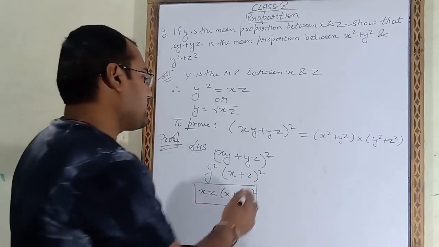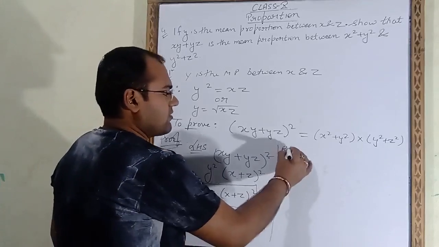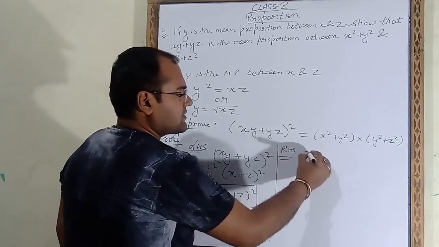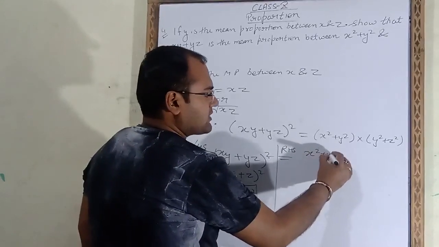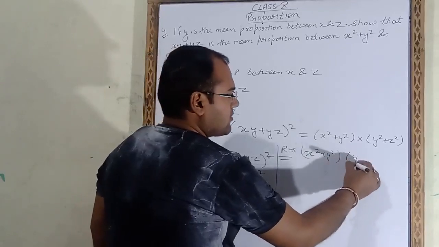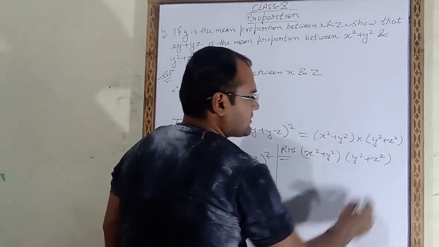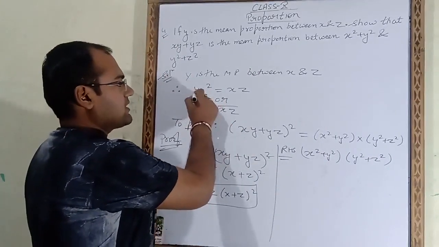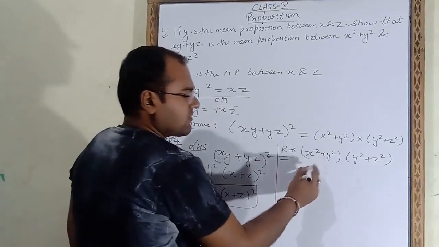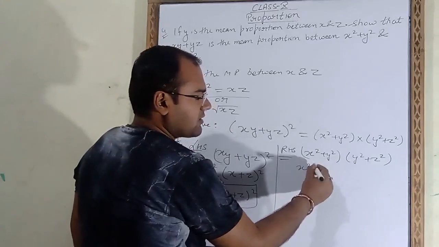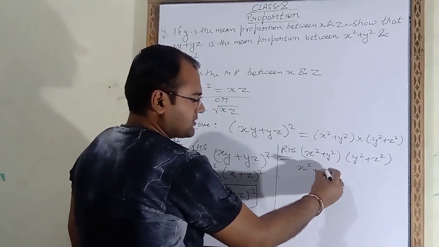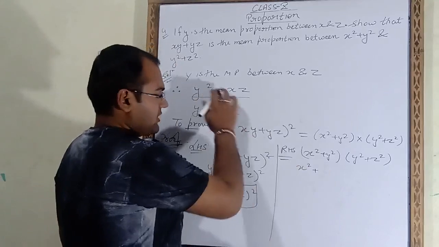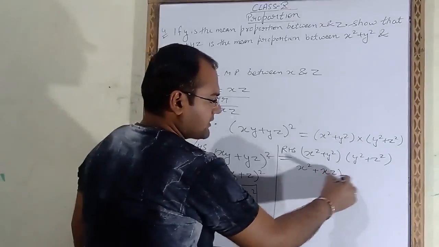Now we will solve right hand side. Right hand side is x square plus y square into y square plus z square. So what do we have to do? Same thing we have to do. Y square answer is xz. Instead of y square we will take xz. So x square plus, remove y square, instead of this we will take y square is equal to xz.